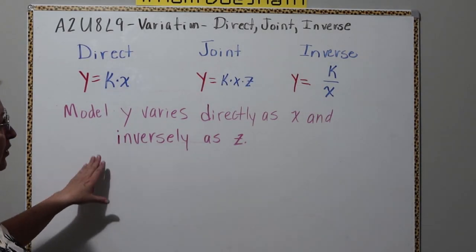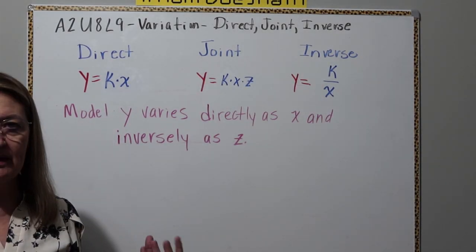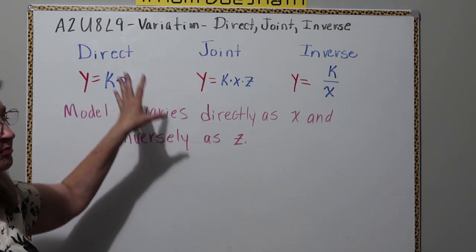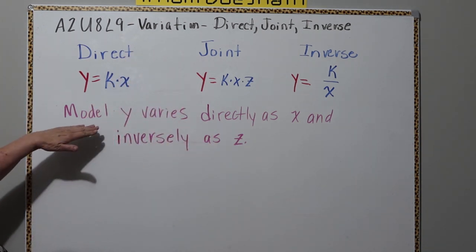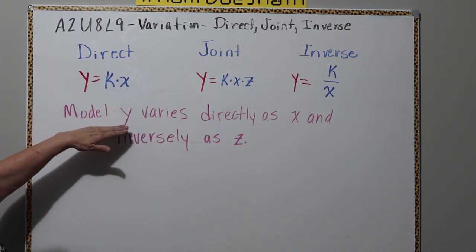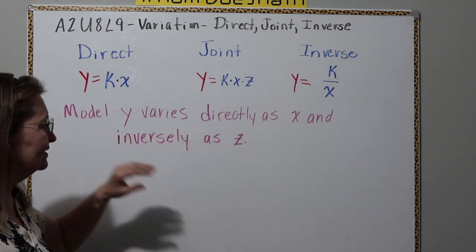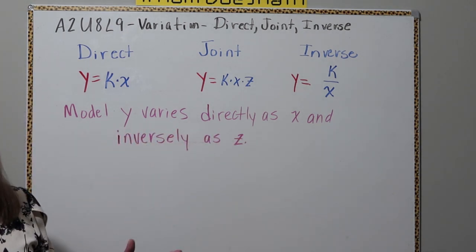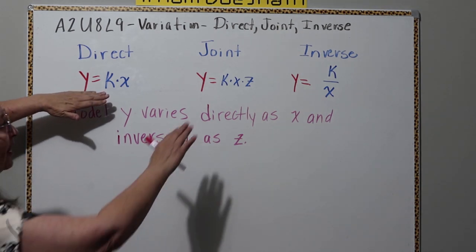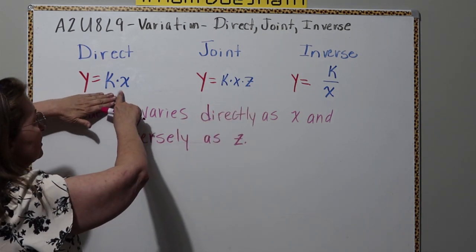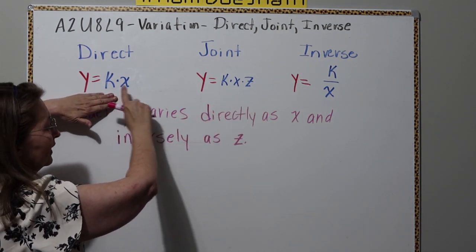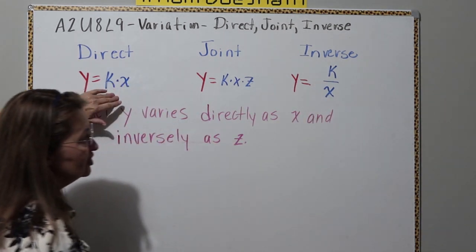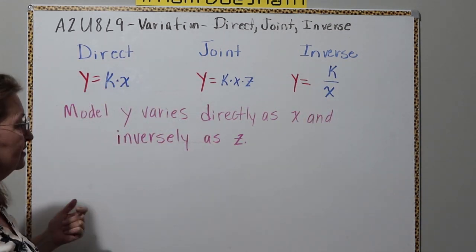Okay, the last thing we want to look at is some combined variations, where you have a mixture of these. And we just want to write the model for y varies directly as x and inversely as z. So, thinking about your models here, direct variation is multiplied, inverse variation is divided by the constant.